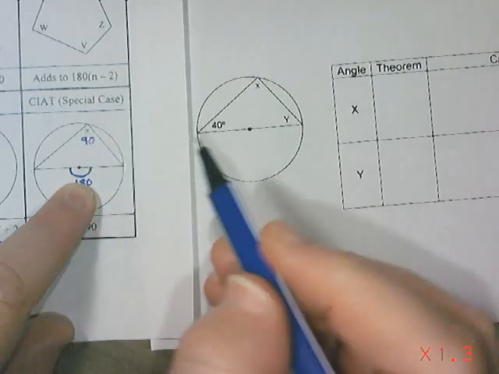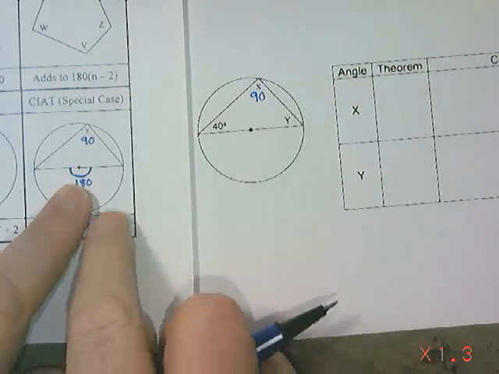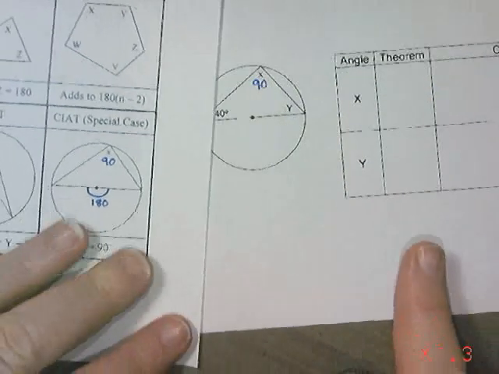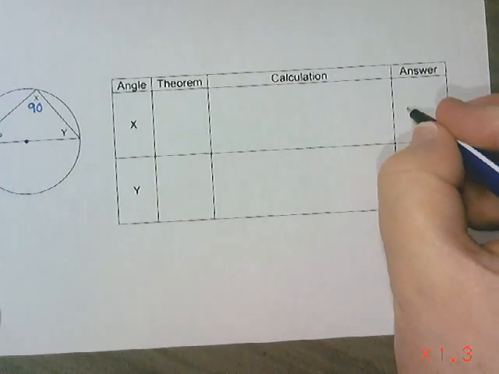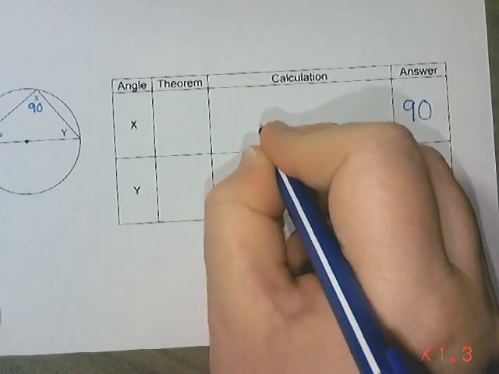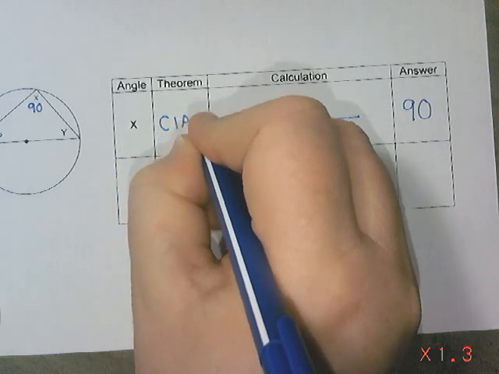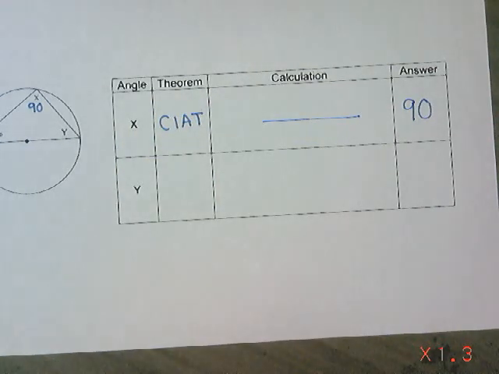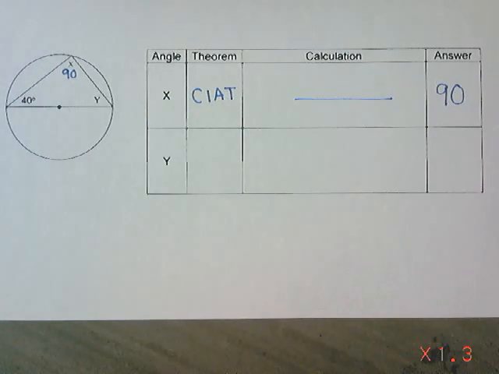So this angle here should be 90 degrees based on this theorem, right? So that angle X should be 90 degrees. No calculation is needed. And that is the special case of CIAT. You don't have to say that it's the special case. You just have to know, right, that it's just a special case of that rule.